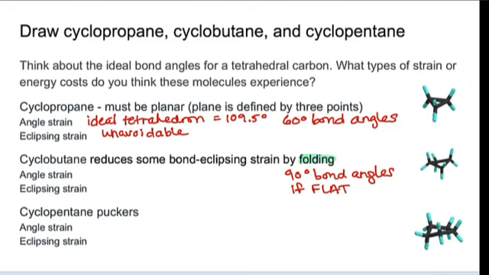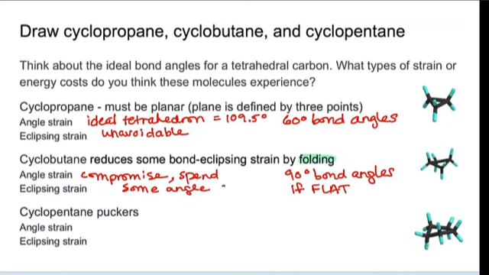And you can fold carbon atoms sort of out of the plane to try to stagger hydrogens away from each other so they're not eclipsing each other. The bond angles are good if the molecule is flat, but we compromise here and reduce the bond angle to about 80 degrees by folding the structure.